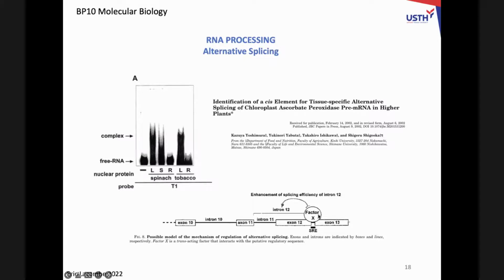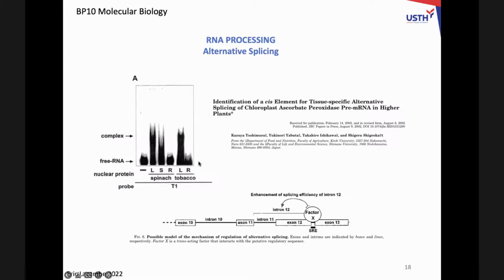You see it's in between exon 12 and exon 13. This is the new intron when there is alternative splicing. So what these researchers did is they took this sequence from the RNA. So they produced it synthetically. So they've got this piece of RNA, and this is the electromobility shift assay.